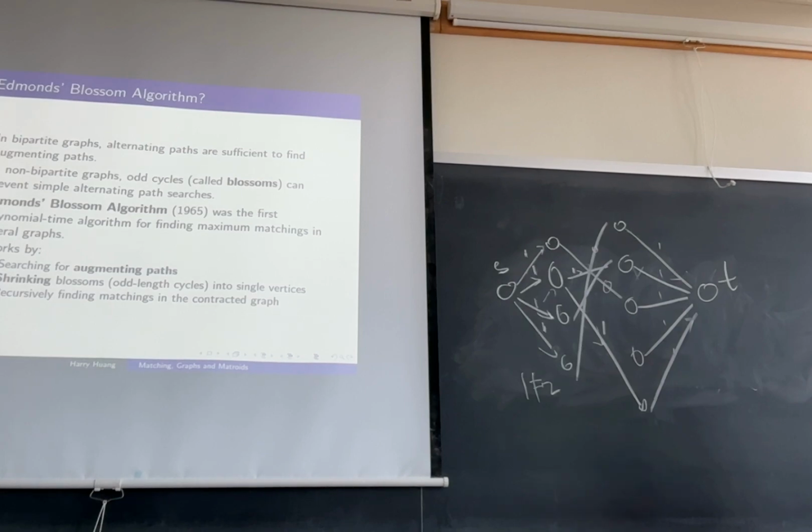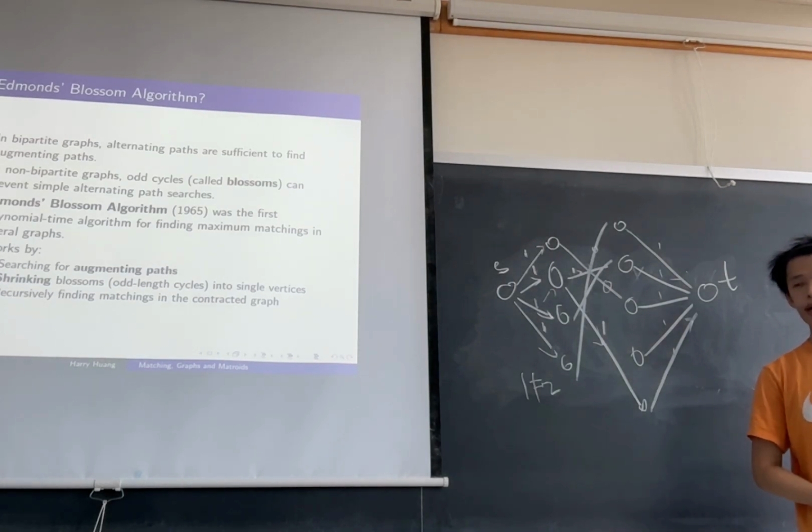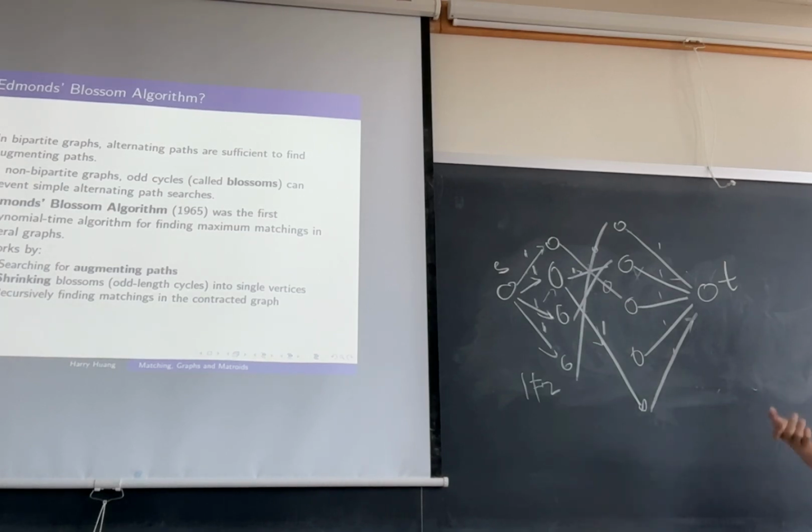In this process, if we find a blossom, that is an odd cycle, we shrink it into a single vertex. This is realized by creating a new node, and for every node that is not in the odd cycle but connected to at least one node in the odd cycle, we connect it to the newly generated node, and then we delete all the nodes in the old cycle.